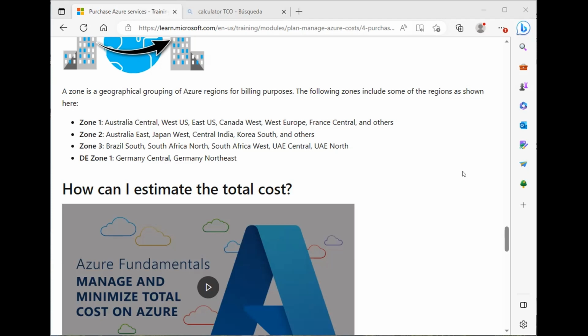Zone 3: Brazil South, South Africa North, South Africa West, UAE. Zone 1 also includes Germany Central and Germany North.